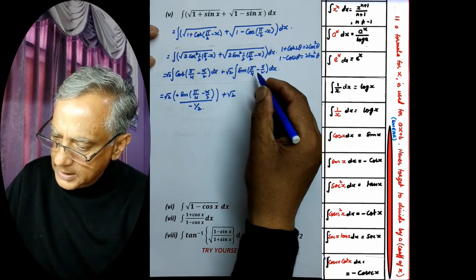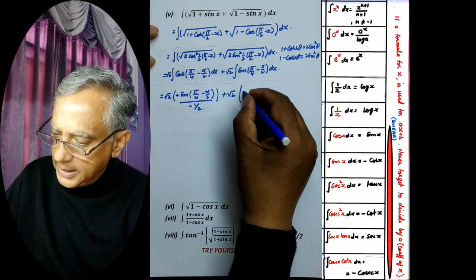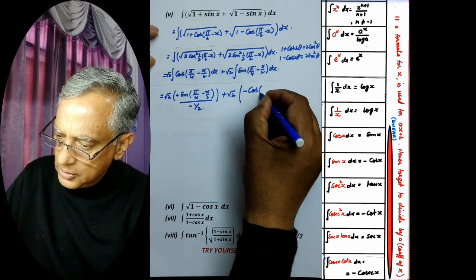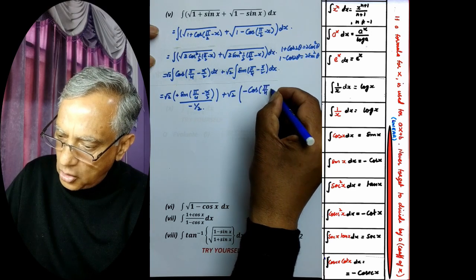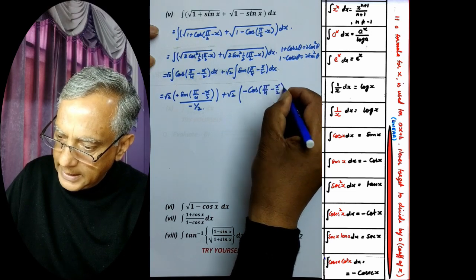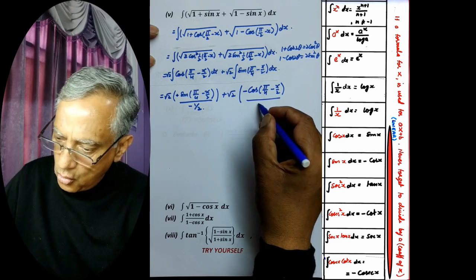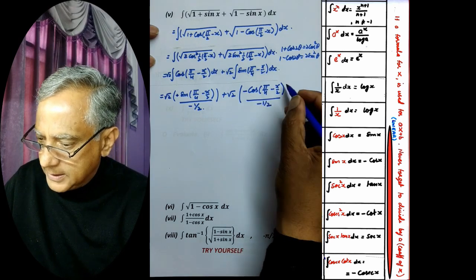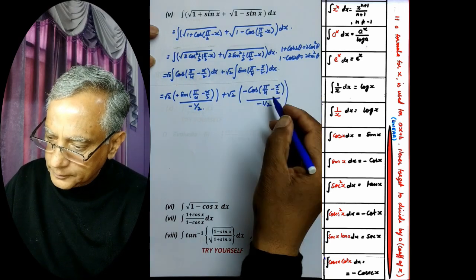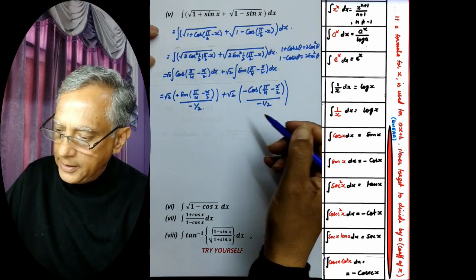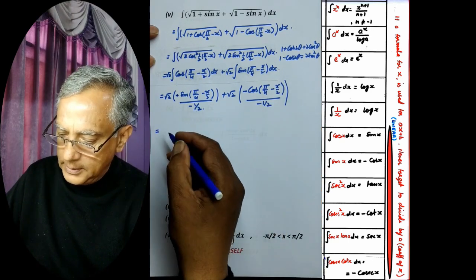Here the integration of sine is minus cos of pi by 4 minus x by 2, whole divided by minus half, the coefficient of x.